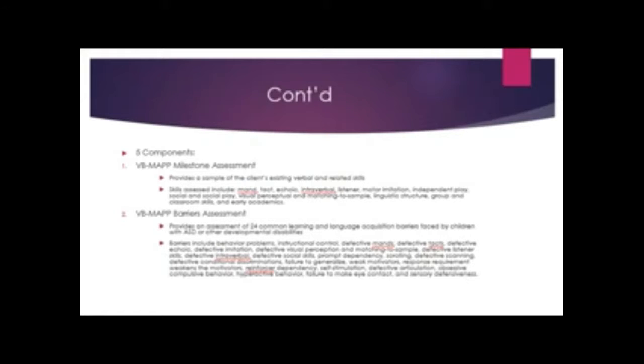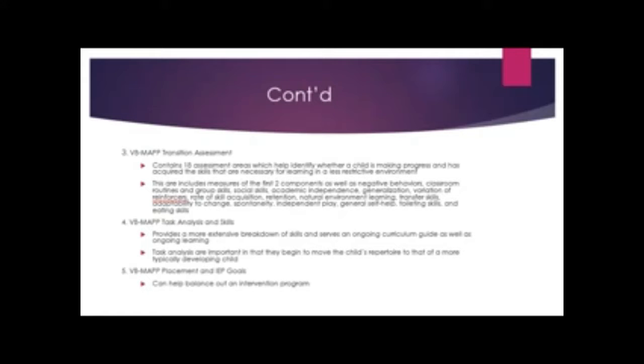So it's kind of going off of the milestone assessments and how the areas that are assessed in the milestone assessments can potentially become barriers. And again, I've listed all of those there. I won't read all of them off specifically, but you kind of get an idea of these areas that become barriers a lot of the times, or potentially may become barriers.